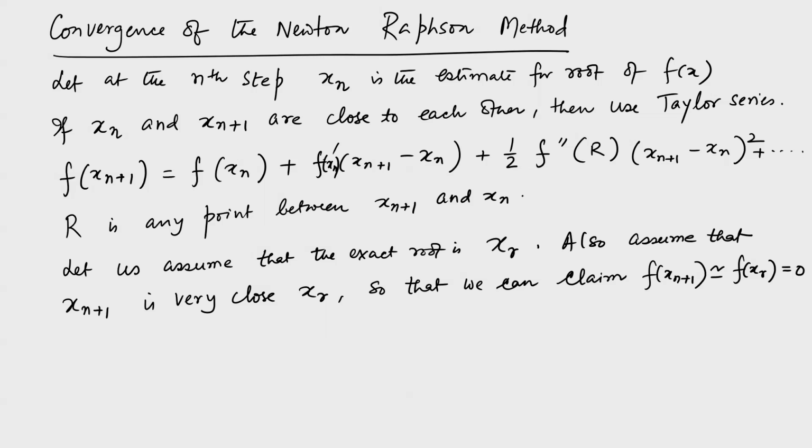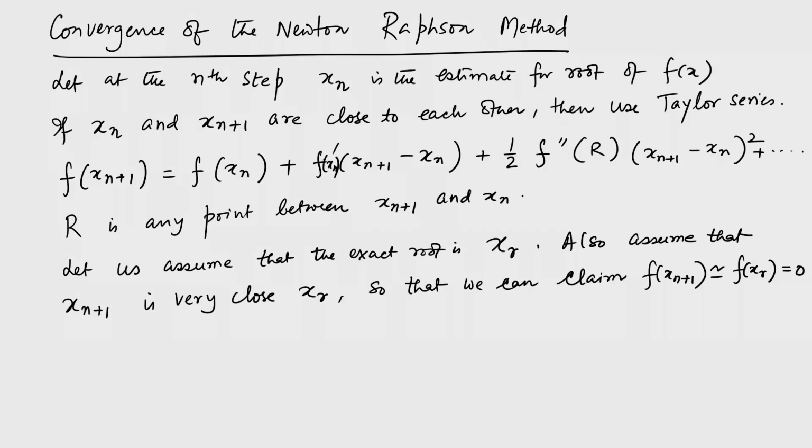Now, importantly, x n plus 1 and x r are two different points which are neighboring, very nearby points, but the values of the function at those two particular points, that is x n plus 1 and x r, are the same, but the points are not the same. That is what this is saying. So, if f of x n plus 1 is equal to 0, let us call that equation 1.